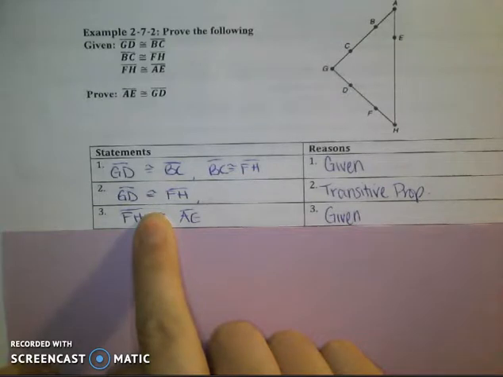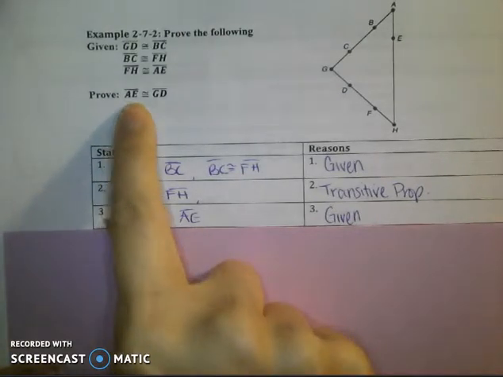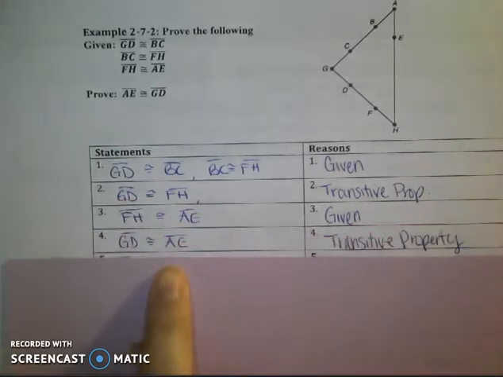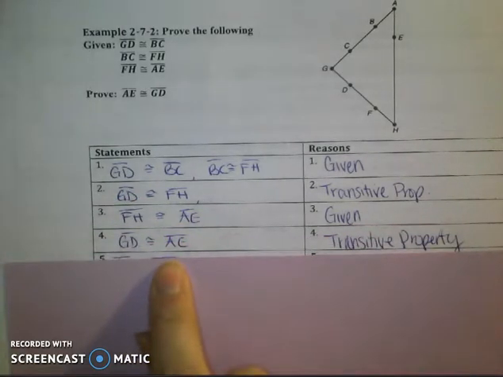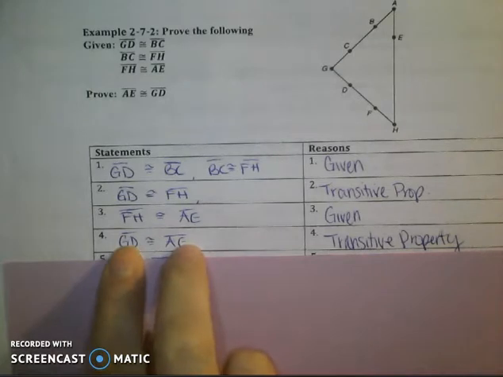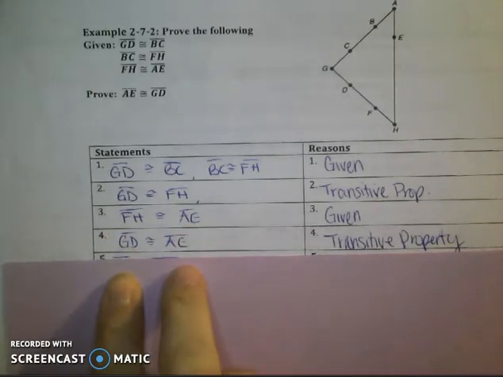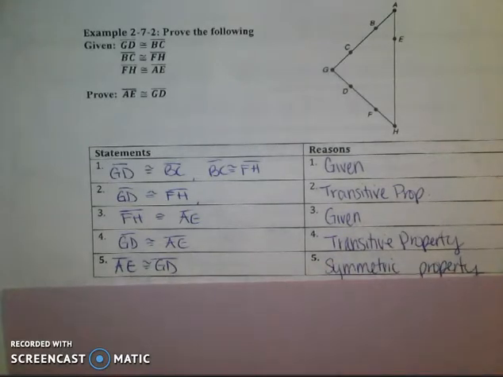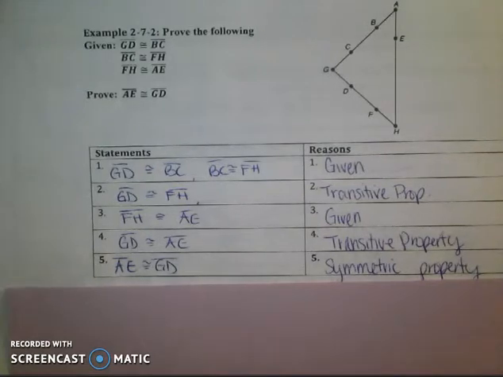So what can we do there? Well, again, our goal is to get AE and GD, so we can go ahead and put these congruent because of the transitive property. And then, well, it's not in the right order. So to get it in the right order, we can go ahead and flip it by the symmetric property. So one step at a time, trial and error, kind of how it works.